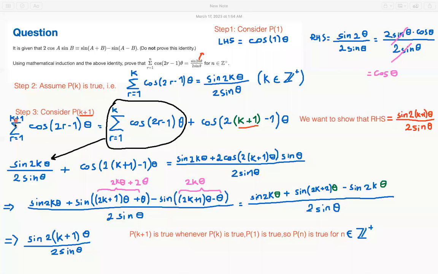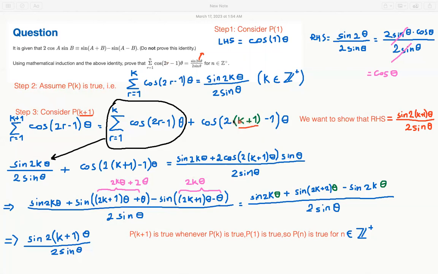Now let's go back and start working on this one. The sum from r equal to 1 to k + 1 of cos(2r - 1)θ is equal to the sum from r equal to 1 to k, the previous term, cos(2r - 1)θ, plus the second term, where n is equal to k + 1. Instead of n, I put k + 1; you may consider r as n in this situation.